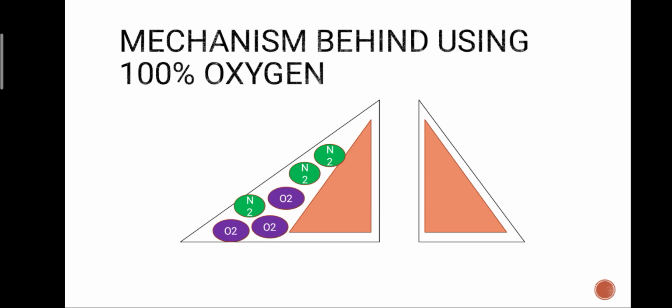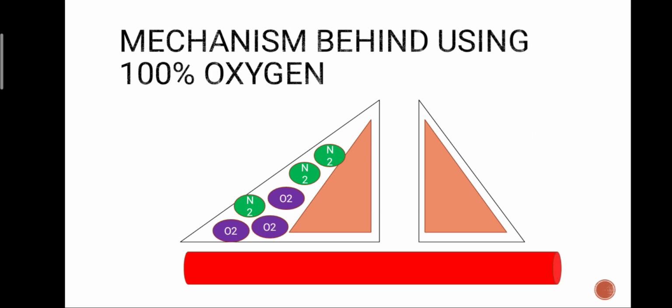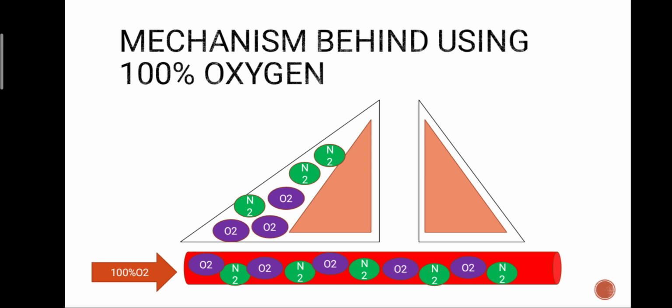Now just near the lungs there are capillaries which contain blood. In that there is oxygen and nitrogen. But when you give 100% oxygen, you kick off all the nitrogen molecules and the capillaries are filled with 100% oxygen only, no nitrogen.